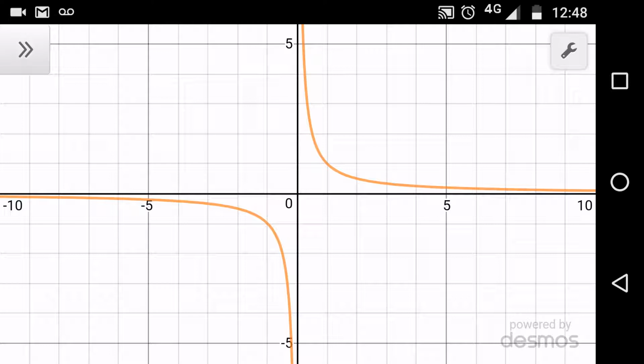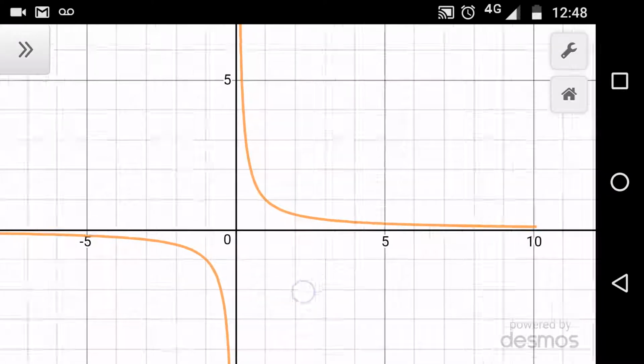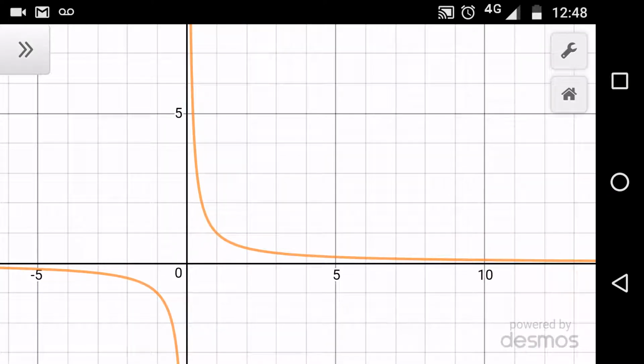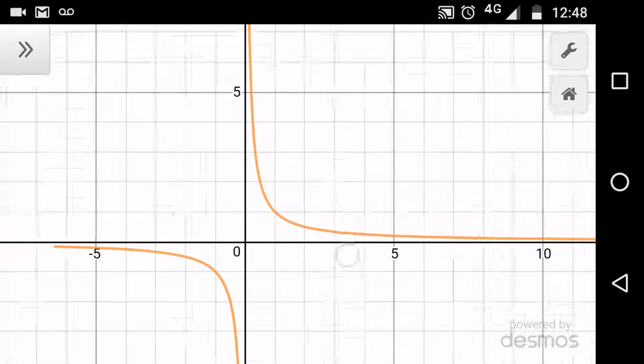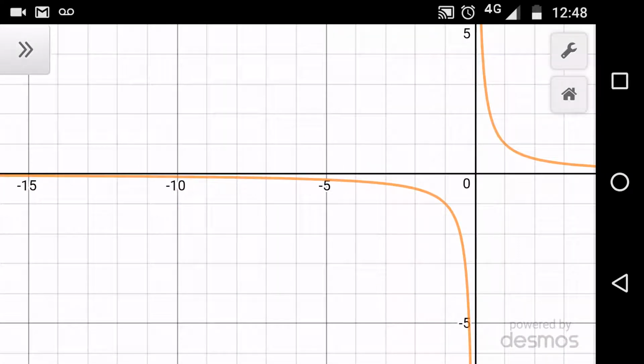First of all, notice that on the right side of the axis you have positive values of y because you're dividing 1 into a positive value. On the left side you have negative values for y because you're dividing 1 into a negative x.